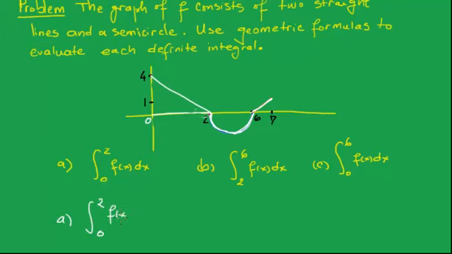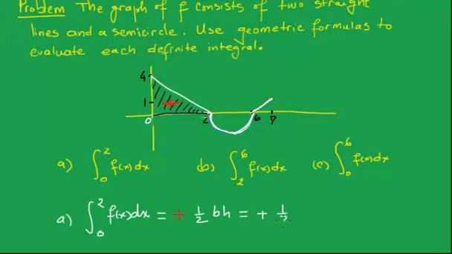Now, what's the area of this region? That's a triangle, and the area is 1/2 base times height. So which is going to be equal to plus, and remember plus because the area or the region is above the x-axis.